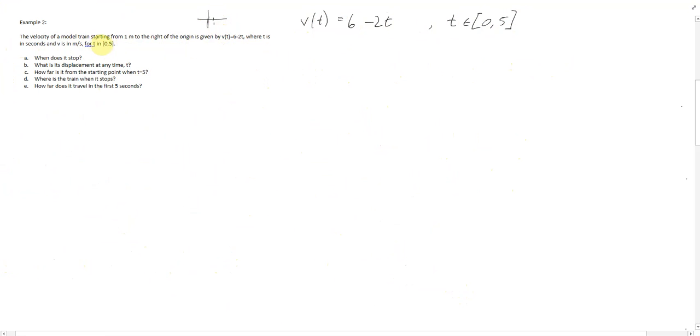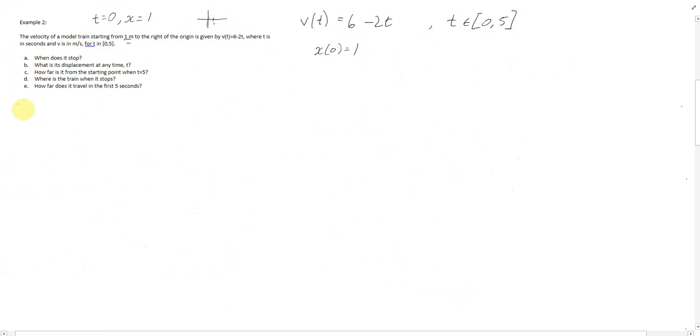And it says it starts from there. So in other words, when t is equal to 0, so that means it starts, the displacement is equal to 1. There it is at 1. Or another way of writing that same piece of information, let me write it over here, is x of 0 is 1. So there we go, so there's that extra piece of information there.